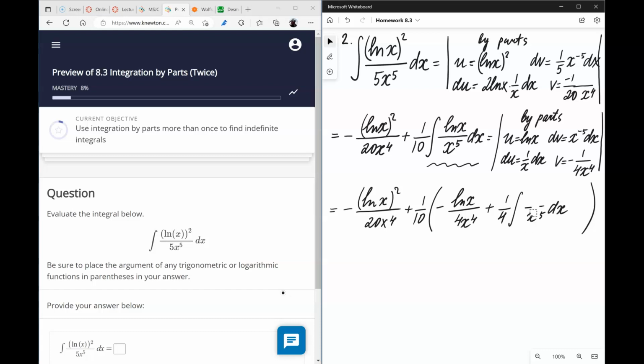There's no benefit in writing it as x to the power 5 in the denominator. I'm just going to write it as x to the power negative 5, as I've been writing it this whole time.